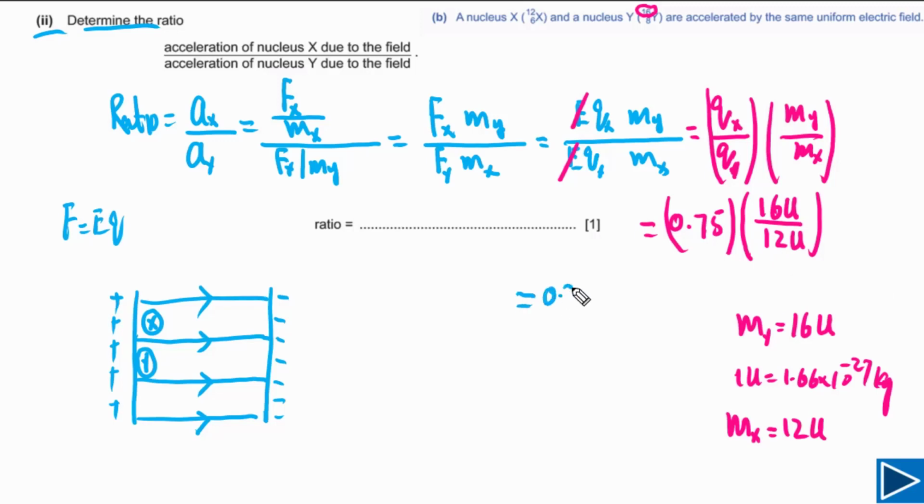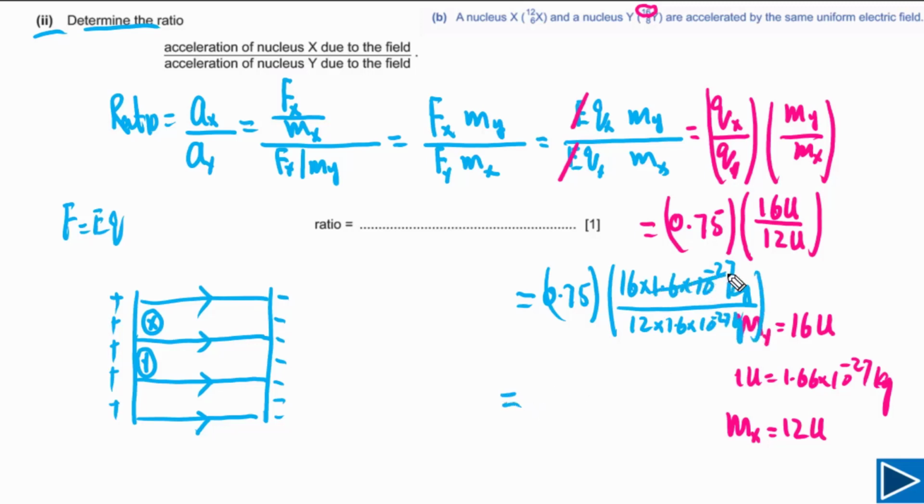You can say this is 0.75 multiplied by 16 times 1.6. If you're a little confused with U, you can just write down in terms of kgs. And this is divided by 12 times 1.6 times 10 to negative 27 kgs. Now we can cancel out.